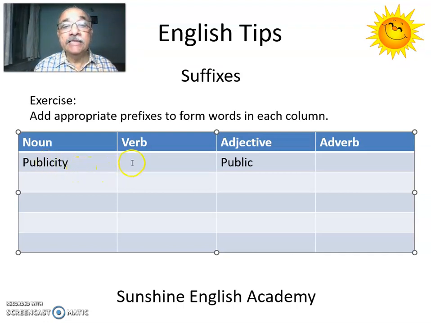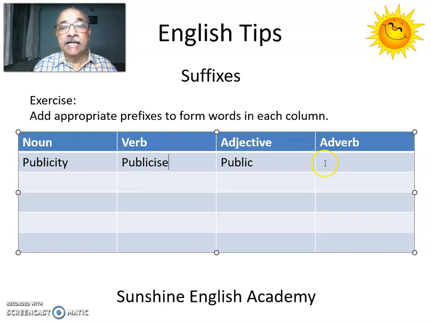Next, let's form a verb. So, what will you add to public to form a verb? Think of the word. Okay, let's try. Publicize. That is a verb. To publicize something.